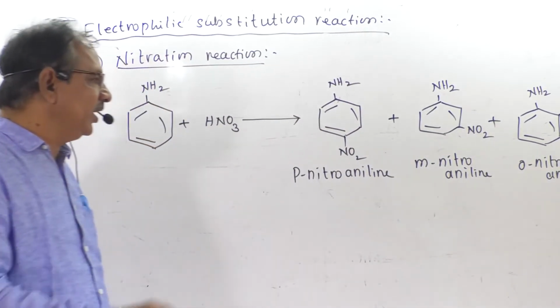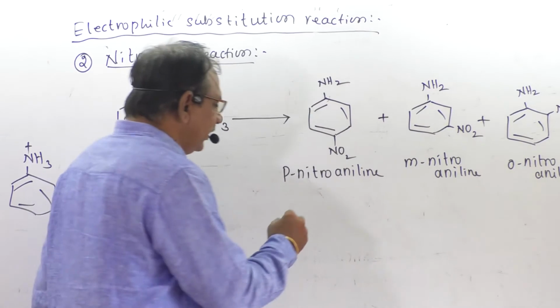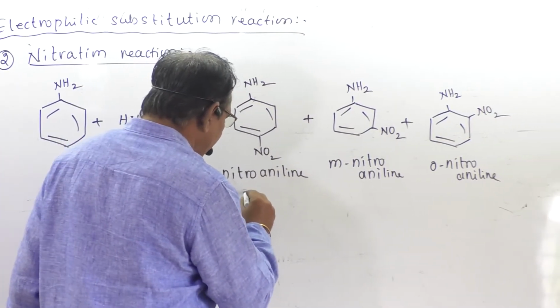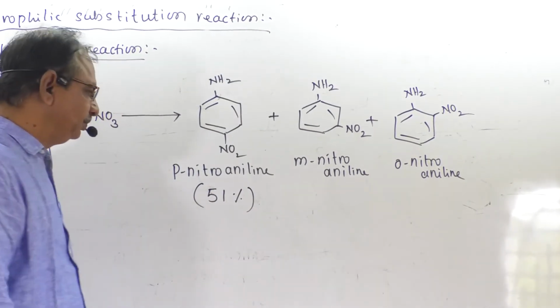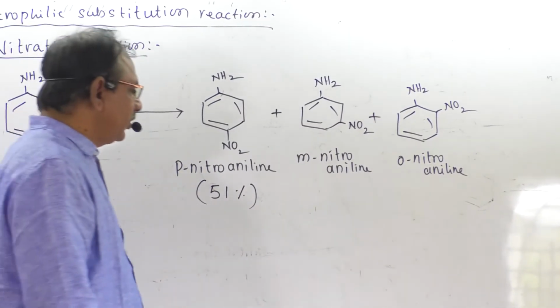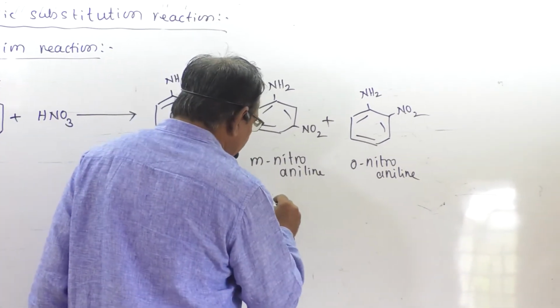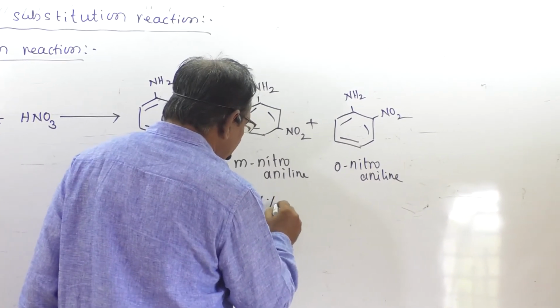But the percentage of these three compounds differs. The percentage of para-nitroaniline formed is 51%, and meta-nitroaniline is 41%.